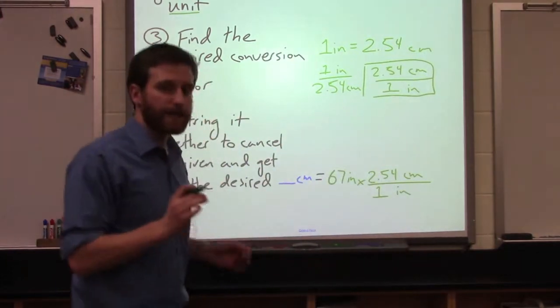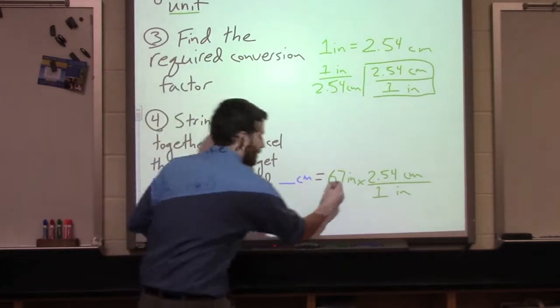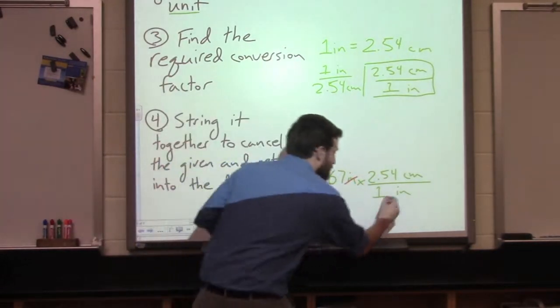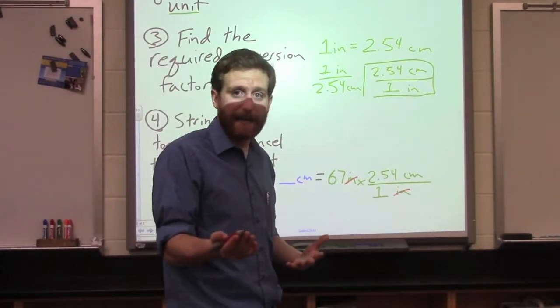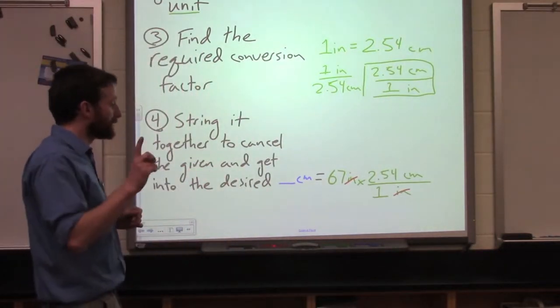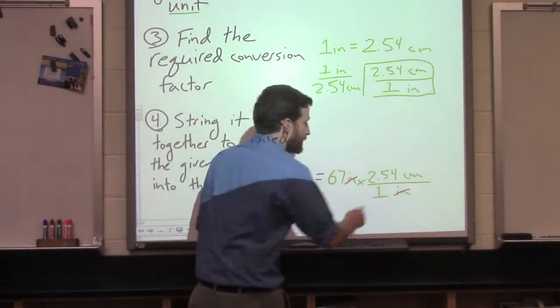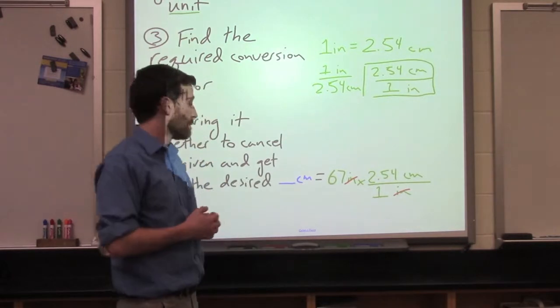Why was that the right choice? Because inches divided by inches cancels out, just like 3 over 3 cancels out, or A over A cancels out. And now I'm left in the unit of centimeters, which just happens to be my desired unit.